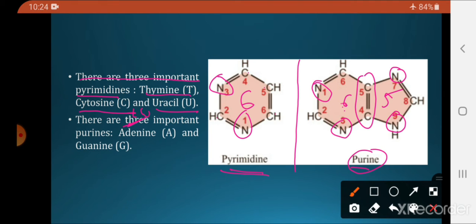By mistake it is written 3. Basically there are 2 important purines. One is adenine represented by A and guanine represented by G. So कितने pyrimidines है? 3. Thymine, cytosine and uracil. And purines कितने हैं? 2. One is adenine and another one is guanine.